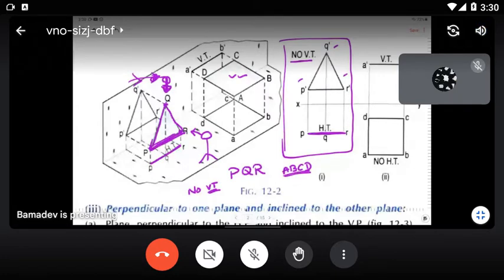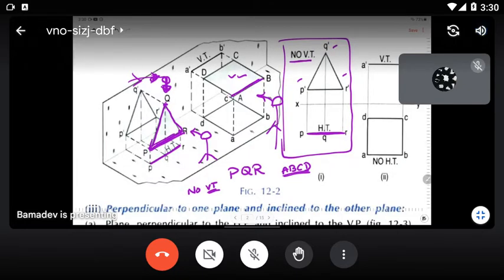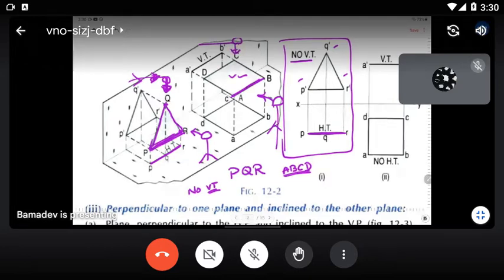If you see from the front, in this direction, you'll see a straight line. And when you see from the top in this direction, you'll see the exact square.